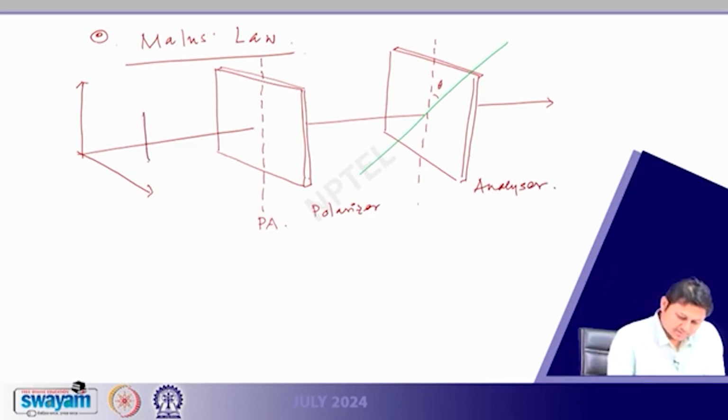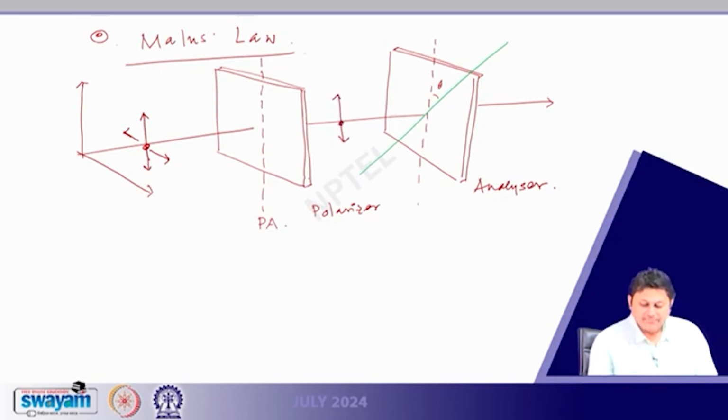Unpolarized light is passing through this system, and we get a polarization here, and now I have a pass axis which is not perpendicular to the polarized direction of this polarization, but has an angle theta to the previous one.